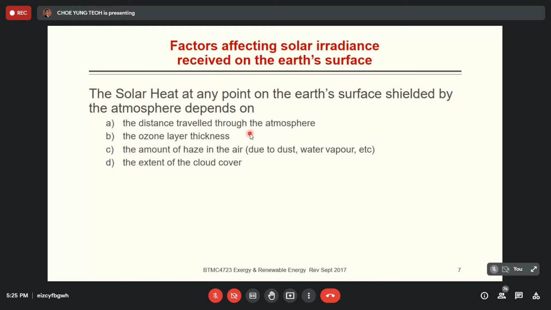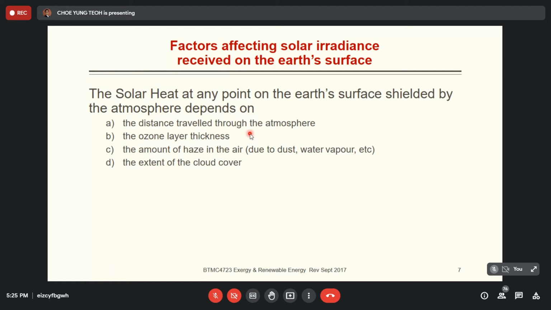But why is the distance traveled through the atmosphere different? This is just because of the different time. Maybe I can say it in this way. Why is the sunlight in the morning much weaker than in the noon? We know that at noon, 12 p.m., sunlight has the most power, or the solar irradiance is the largest. Why?